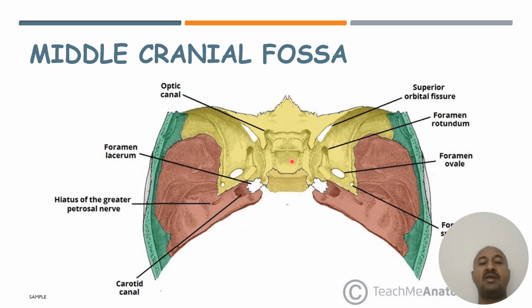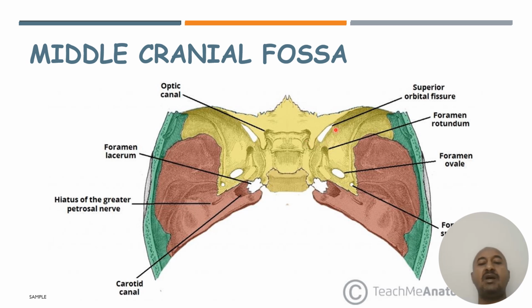Then we have the chiasmatic sulcus, which is anterior to the pituitary fossa here, and this is mainly for the optic chiasma, which is the decussation of the optic nerve, the second cranial nerve. More anterior and lateral here, we'll see the two optic canal openings, and these are for the passage of the optic nerve, the second cranial nerve, coming from the eyes.